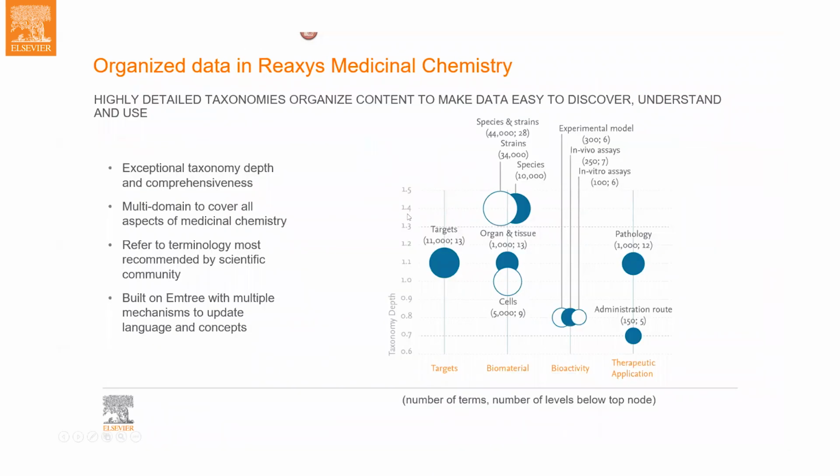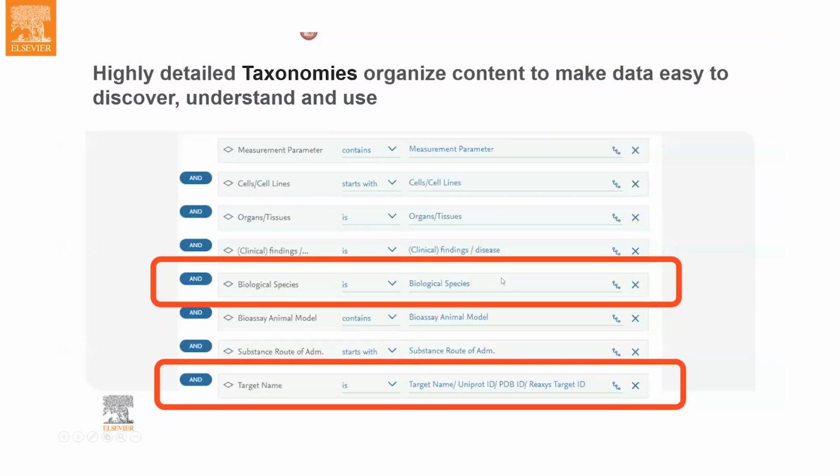So if you have some ideas, you can start right now, but even if you don't have ideas, again, you can leverage the taxonomy. It's our friend who will help us, who will support us, because in Reaxys you also have the taxonomy of targets, you have a taxonomy of species, and it's like key points which we will leverage.